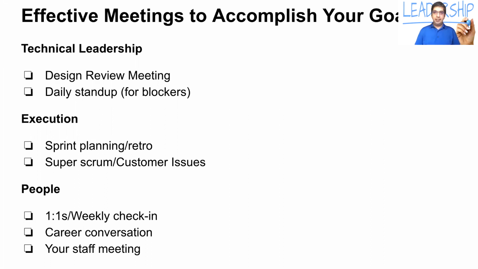If you haven't checked out the earlier video on weekly check-ins, you'll find a good structure to do that. Career conversations, and your own staff meeting, that is getting together everyone who is a part of your team and talking through things which are impacting them, lessons learned, and so on.